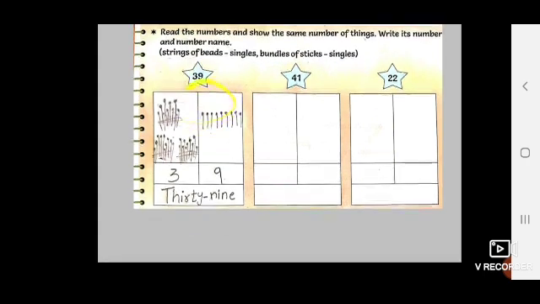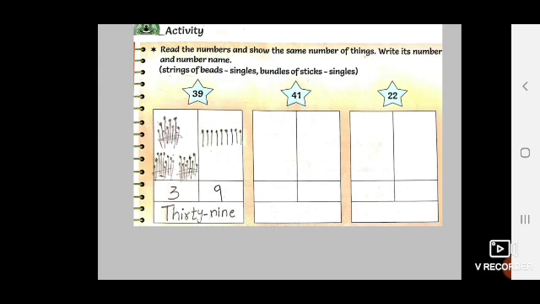Now in the star, which number is this? 39. So children, like I have drawn here, you can draw bundle of sticks if you want, or strings of beads. So in the tens place, I have drawn 3 bundles of sticks, 1, 2, 3.